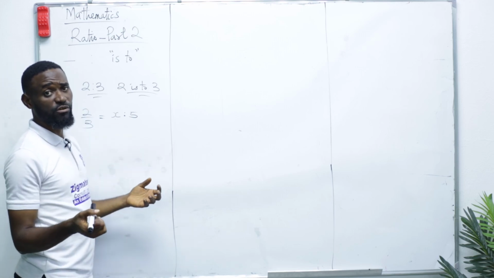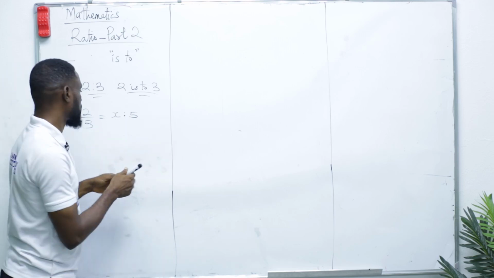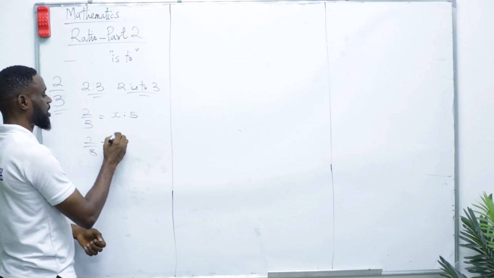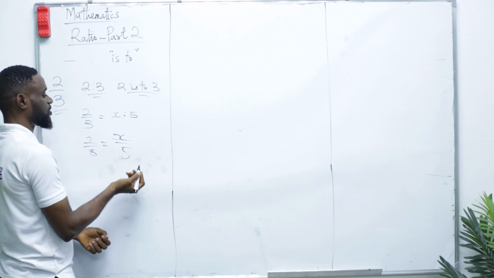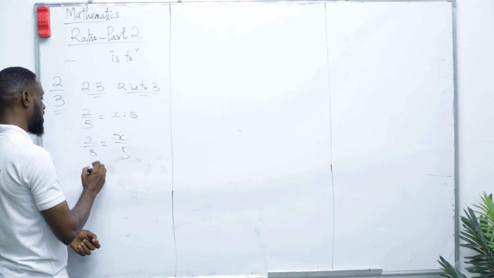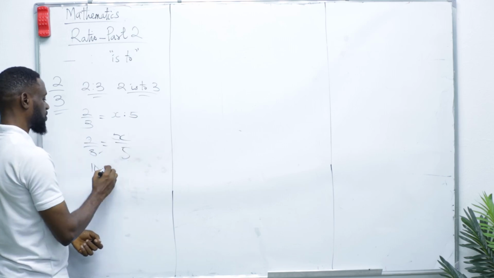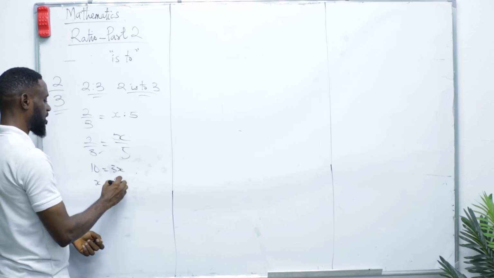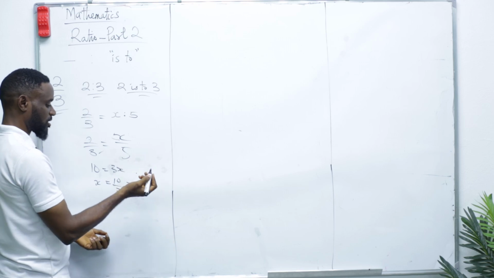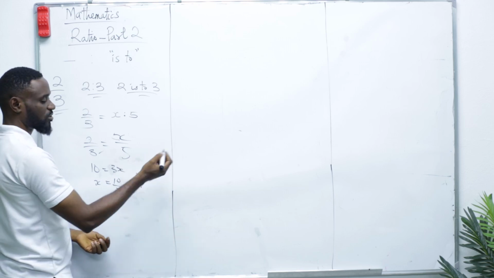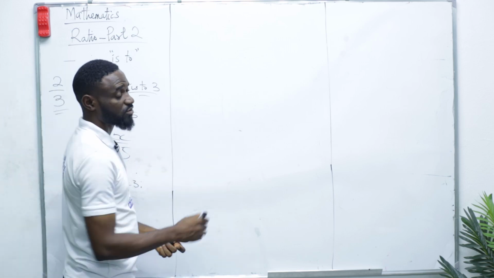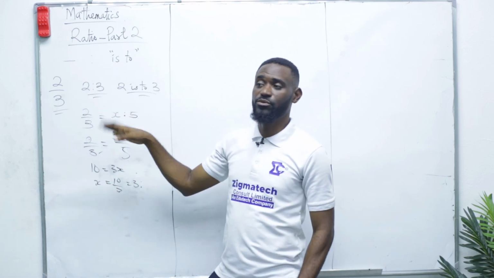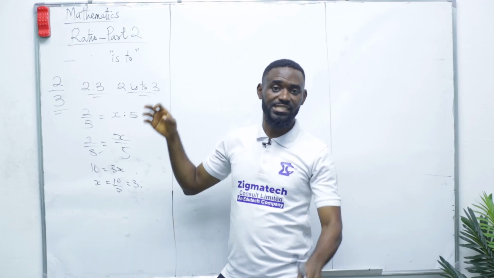With our knowledge of ratio, we can get what this is. We can say 2:3 is equal to x is to 5. Do you understand? So this gives us 10, and this gives us 3x. So x will now be 10/3, which will be like 3 point something. So these are basically a review of what we did the last time.